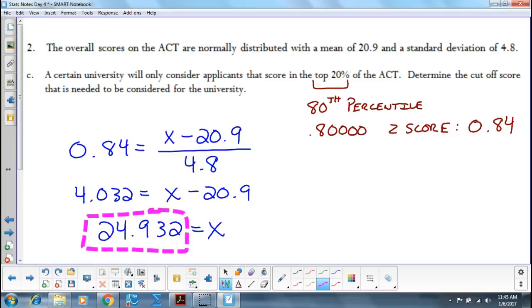Purple is your homework for this evening. The last page in your homework packet, that's if you wanted to do today's stuff on the Nspire calculators. Again, you don't need to. I just showed you we can do it all just by using your z-chart. You don't have to use the Nspire, but that's there if you wanted to use that going forward.